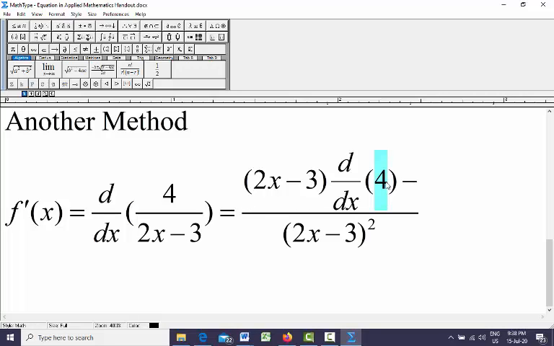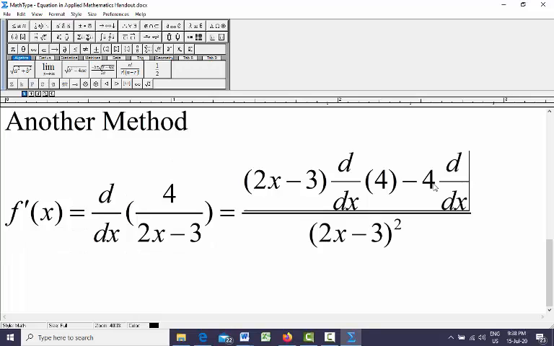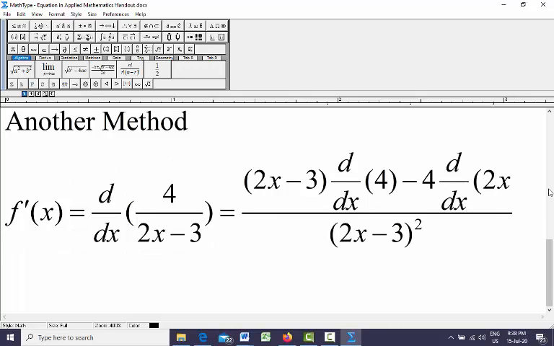This 4 was in front of d by dx. Now this 4 will go behind d by dx after the minus, and in front of d by dx, 2x minus 3 will come.